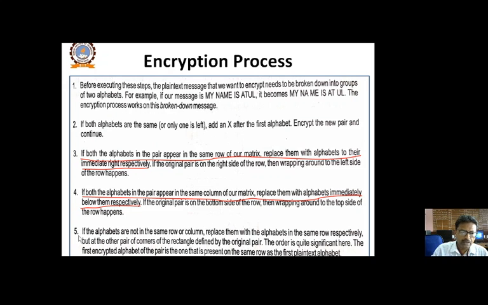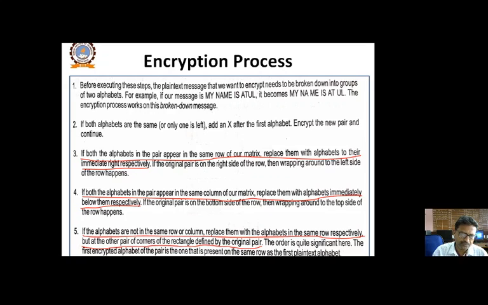Okay. Now, the third one, the next one. If the alphabets are not in the same row or column, replace them with the alphabet in the same row respectively, but at the other pair of corners of the rectangle defined by the original pair.